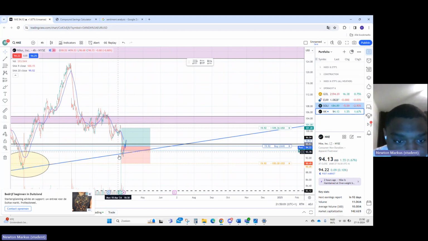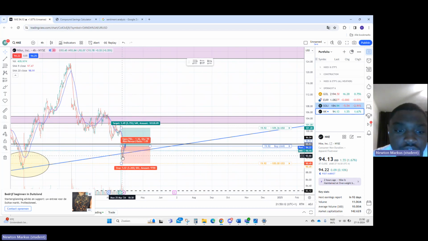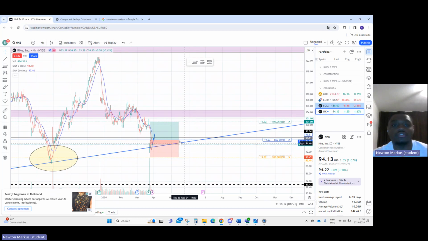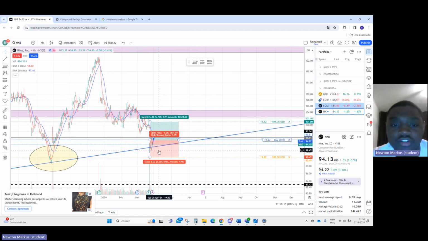So now we're here. I'm looking for a lower high and then a higher low point from this on the 4-hour chart to see if price is going up.